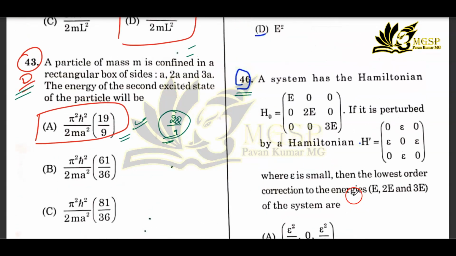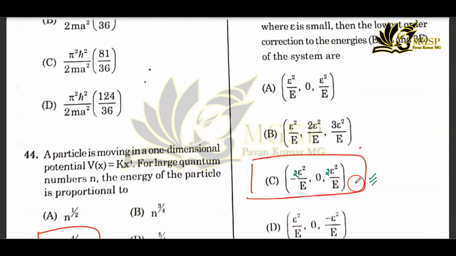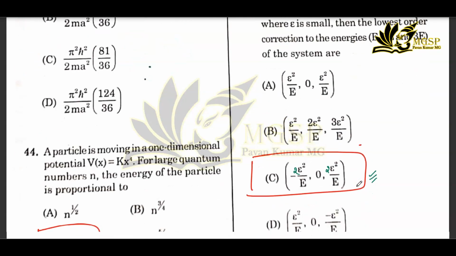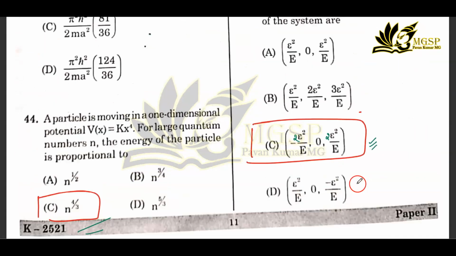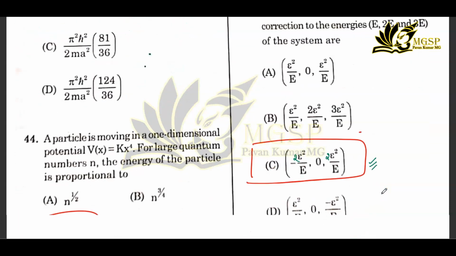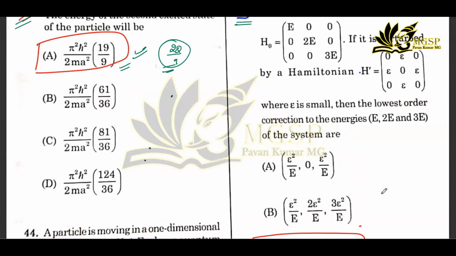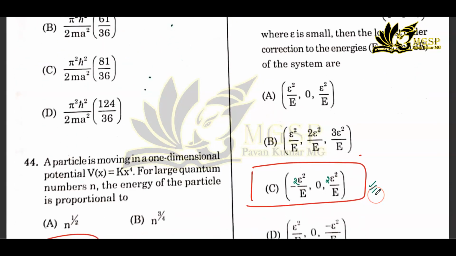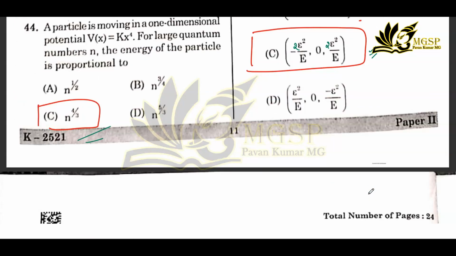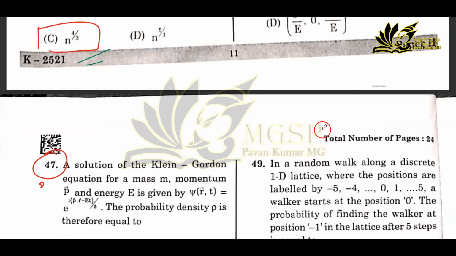This was a confusing question, so I have solved it and given the solution. So I think this might be greater, probably. If my method of approach was wrong, I think this might be correct. 90% I think this is greater.